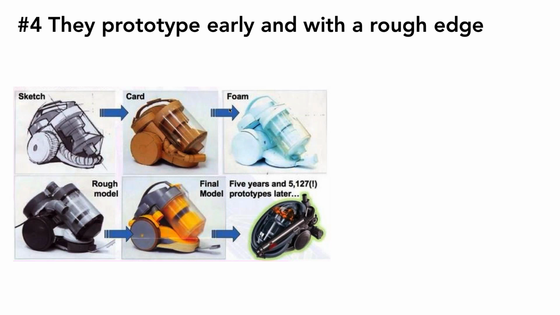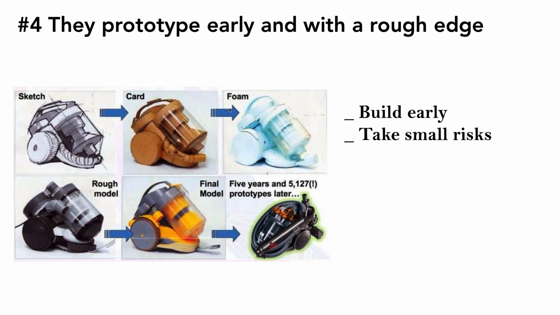Here is a series of prototypes for one of Dyson's earliest vacuum cleaners. Apologies for the resolution. Creative organizations get tangible with a solution as early on in a process as they can. They take incremental risks on the way to the best solution, and they learn as they go.